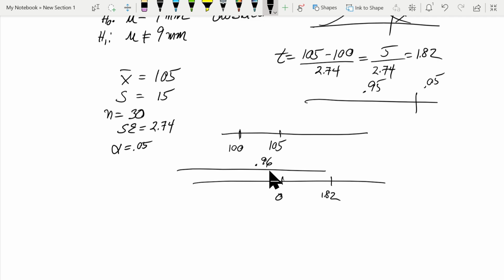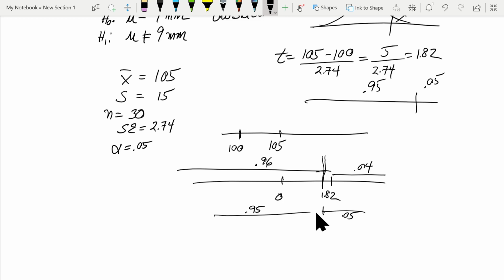The area to the right is 0.04, basically. Does my result of 105 fall into 0.95 here and 0.05 there? Yes. It's big enough.